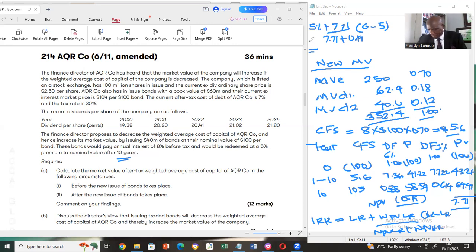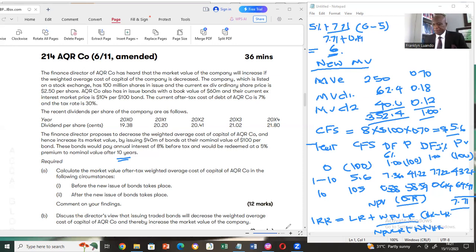Approximately, the cost of capital is 6%. So that is the cost of debt using the internal rate of return formula.